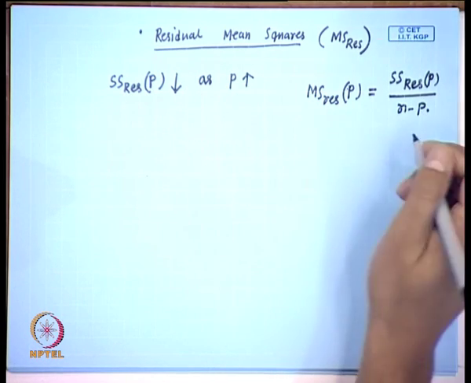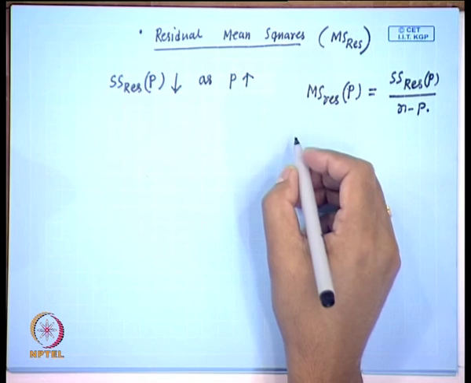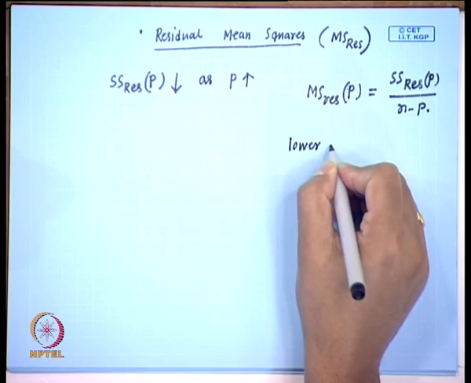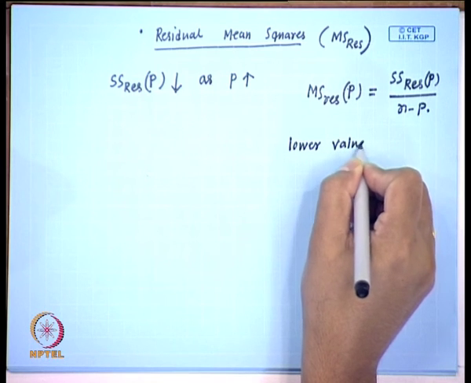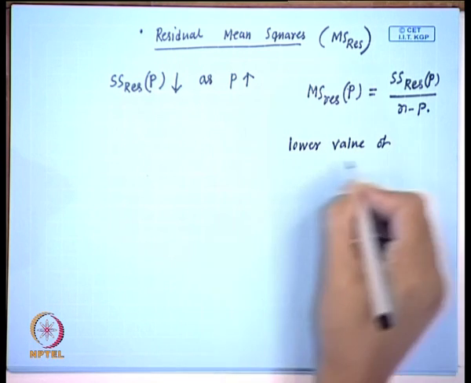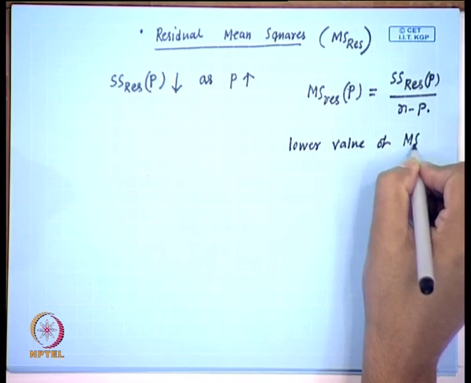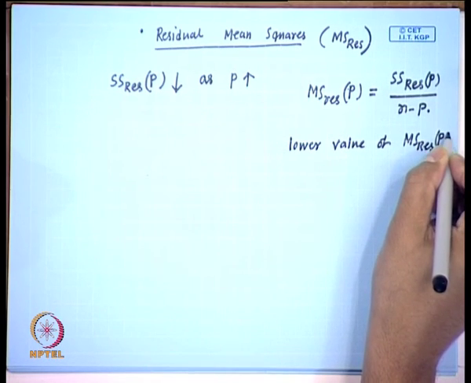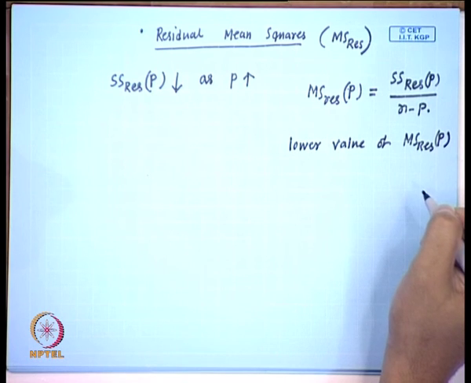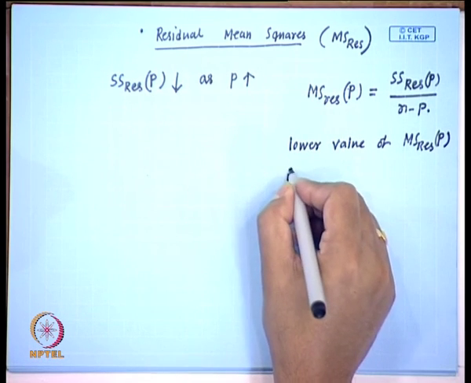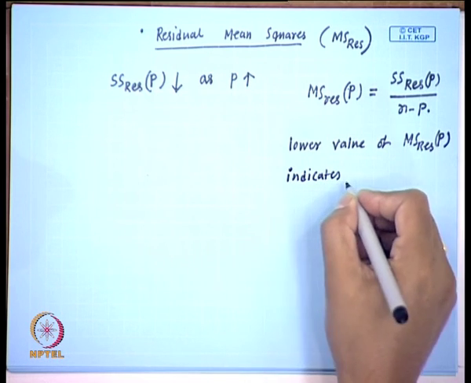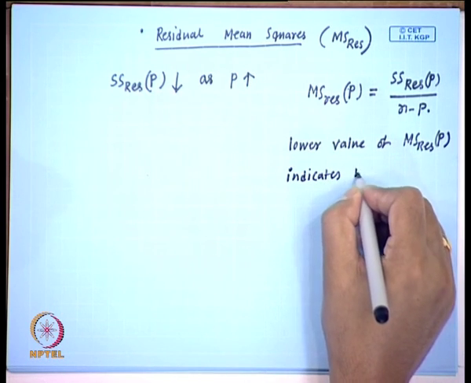And of course, a lower value of MS residual p indicates a better fit.